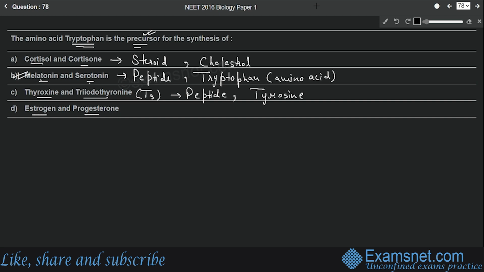Then in the last one, we have estrogen and progesterone. These are steroid hormones, and their precursor is a lipid or steroid, not an amino acid. So the only correct option is option number B.